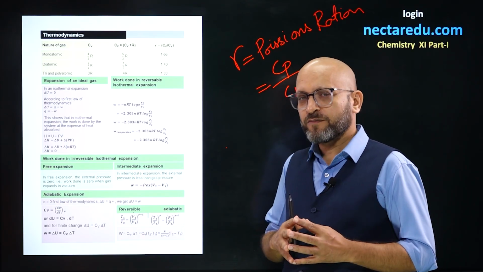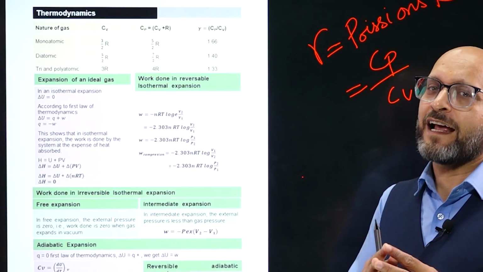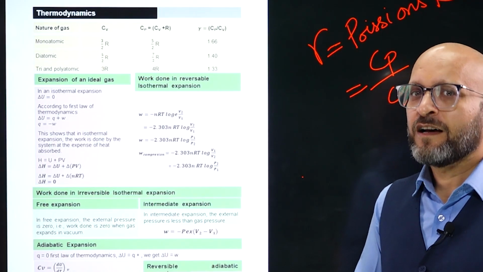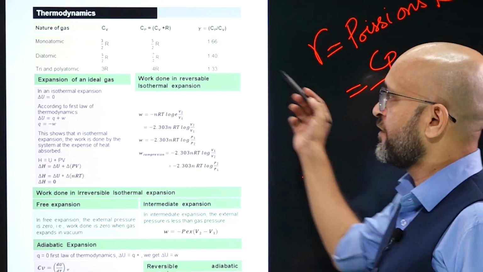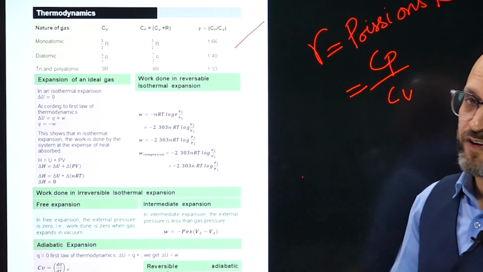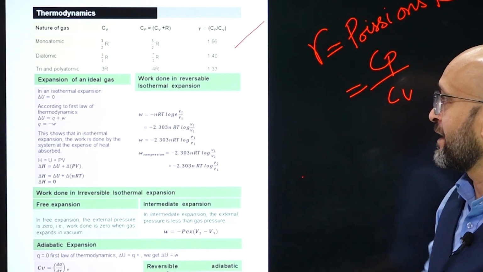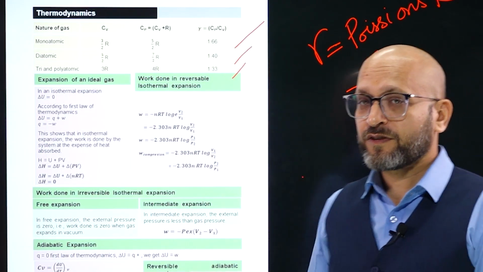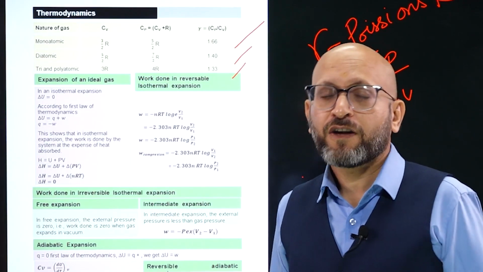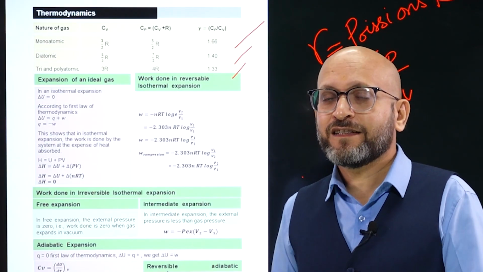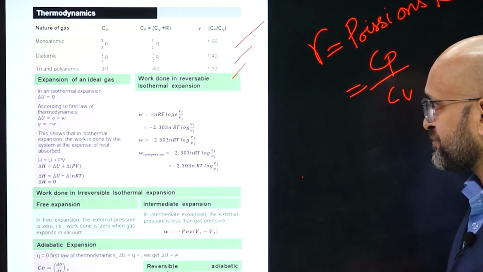For example, Cp by Cv for a monoatomic gas comes out to be 1.66, for a diatomic it comes out to be 1.44, and for triatomic or polyatomic it is 1.33. We will be using this in numericals, right?